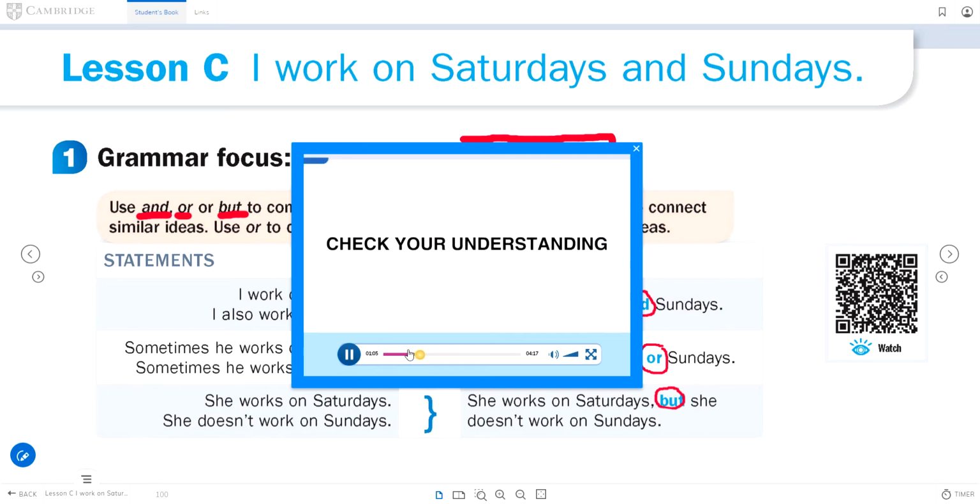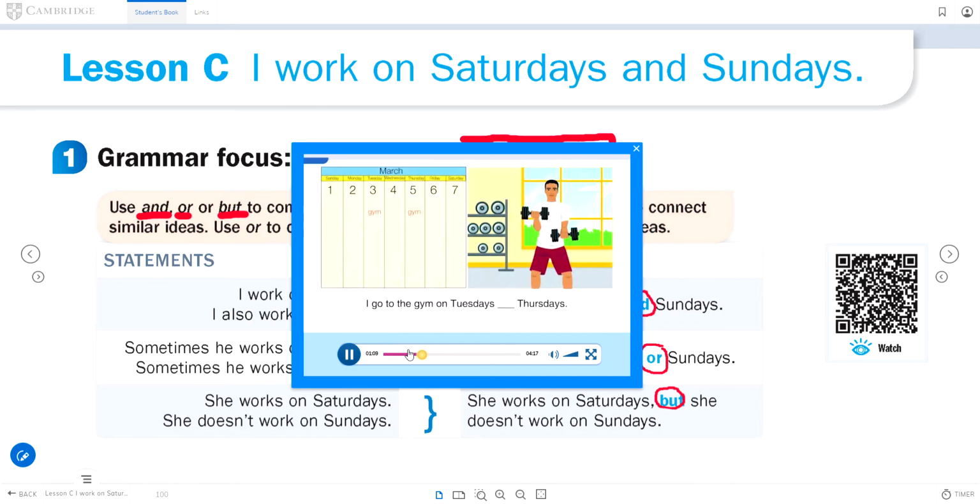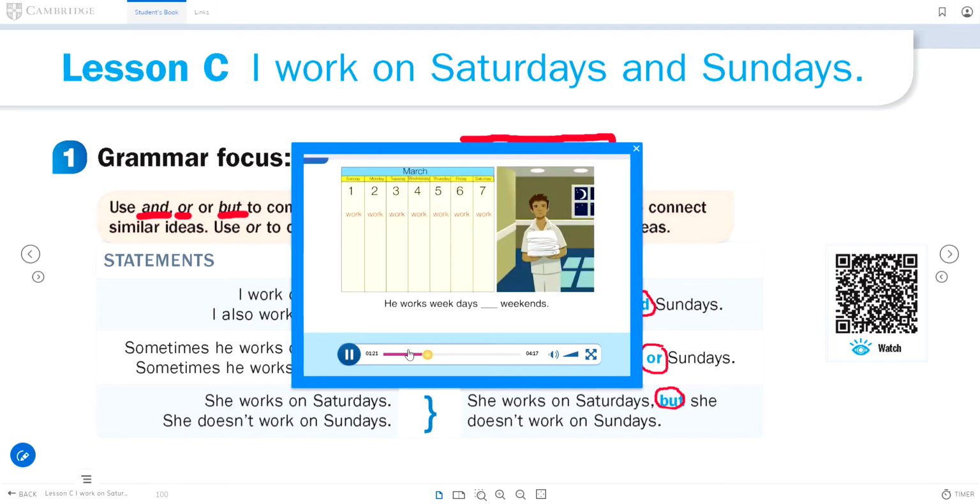Check your understanding. Look at the pictures. Complete the sentence. I go to the gym on Tuesdays and Thursdays. He works weekdays and weekends.